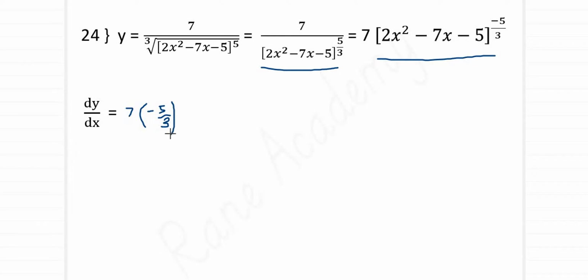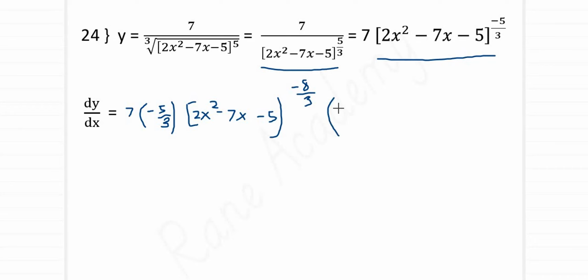Then instead of x we have 2x square minus 7x minus 5, which we write as it is, 2x square minus 7x minus 5, and raised to n minus 1, so n is minus 5 by 3. So minus 5 by 3 minus 1 is minus 8 by 3. Now the inside function we have is 2x square minus 7x minus 5, which we differentiate.